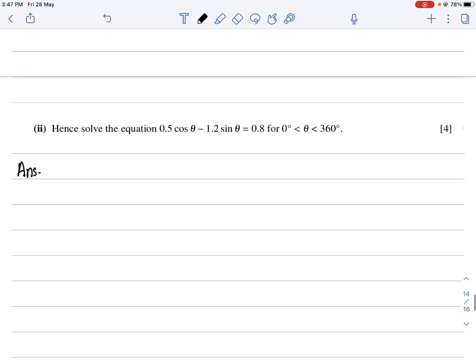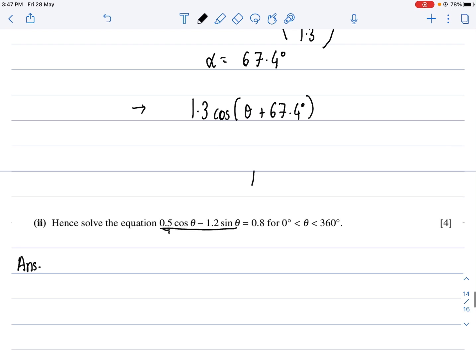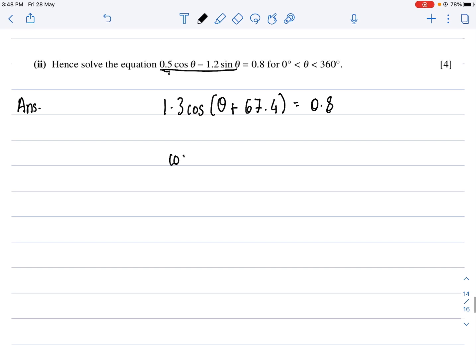Now part 2, hence solve this equation. We know this can be written in this form. So I can write this as 1.3 cos(theta plus 67.4) is equal to 0.8. So cos(theta plus 67.4) is equal to 0.8 over 1.3.